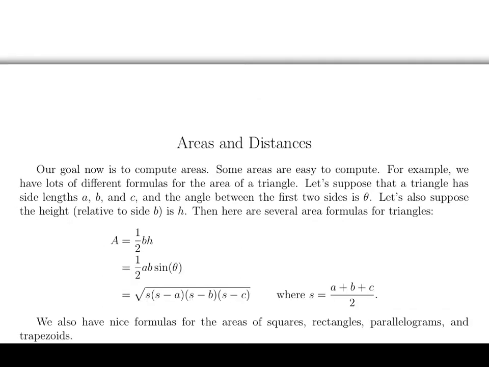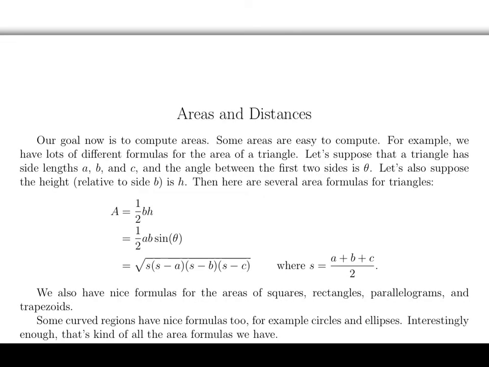And it turns out we also have pretty nice formulas for the areas of squares, rectangles, parallelograms, trapezoids. And one of the things that all of these have in common, triangles and quadrilaterals, is they all have straight sides. They're polygons. And polygons are much more straightforward to compute the area of than things with curved sides.